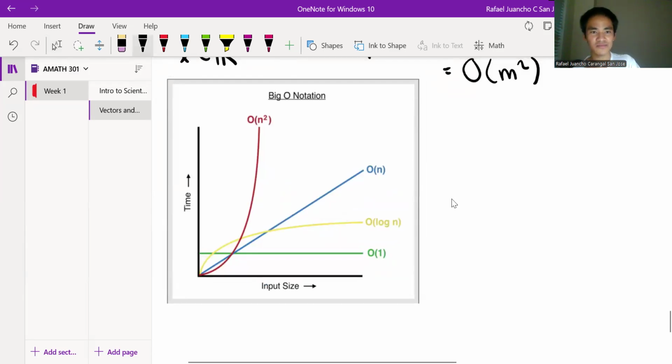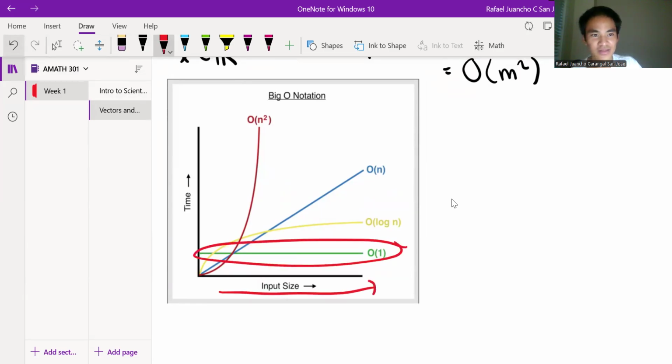Input size. As input size increases, or the number of operations you give it, if time increases, that means it's longer time. And here, if you notice, even if the input size increases for O of 1, the time stays the same.